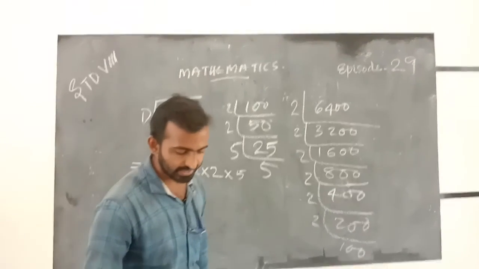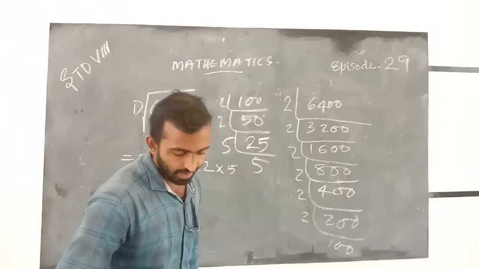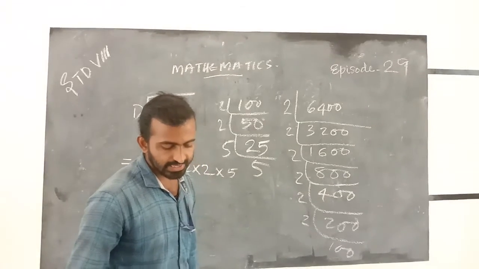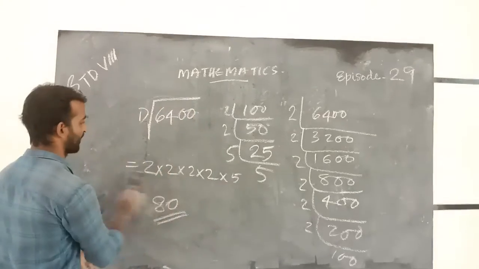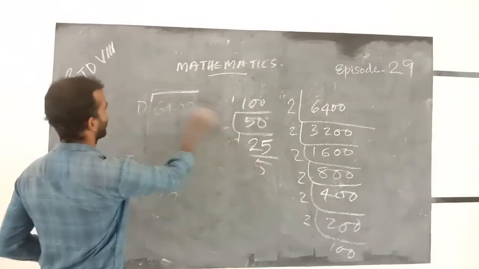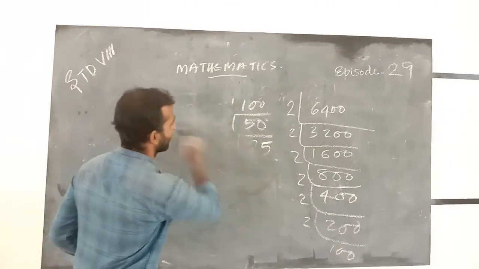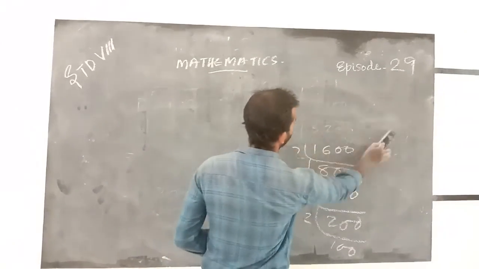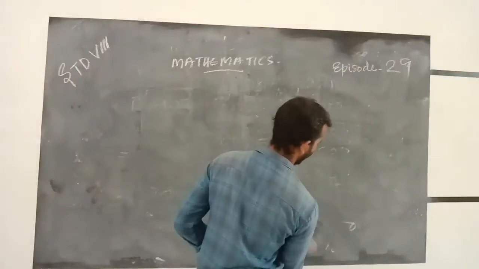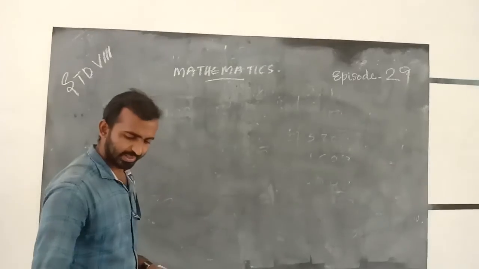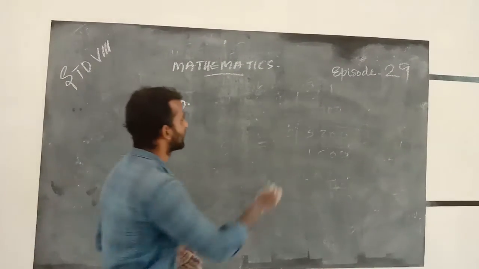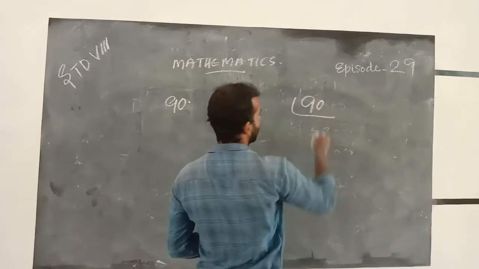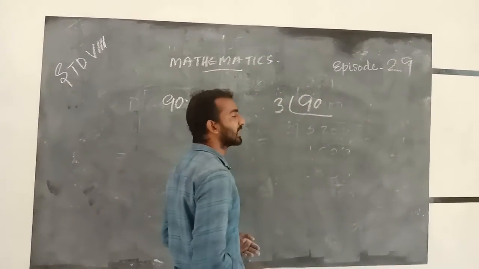And the next example is: 90 is a perfect square. We want to find whether 90 is a perfect square. We take 3 as it is a prime number.